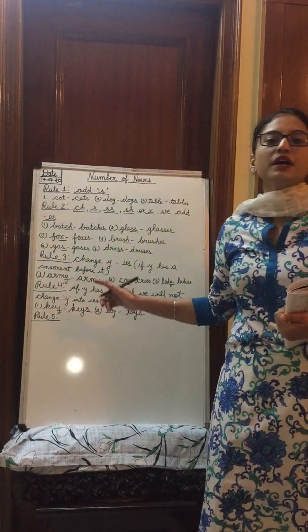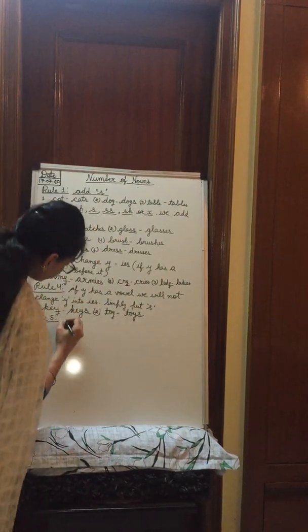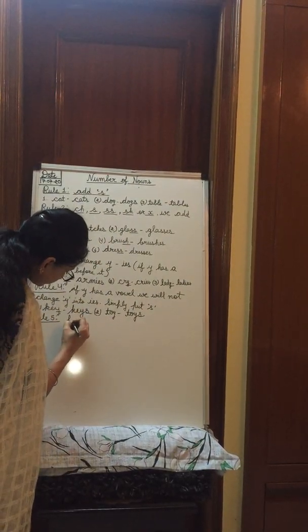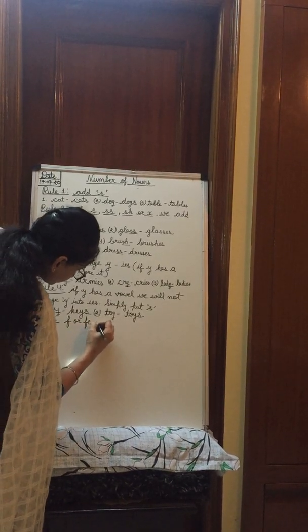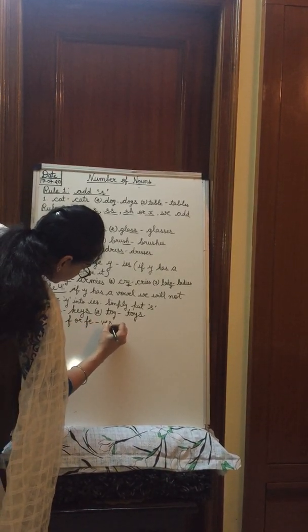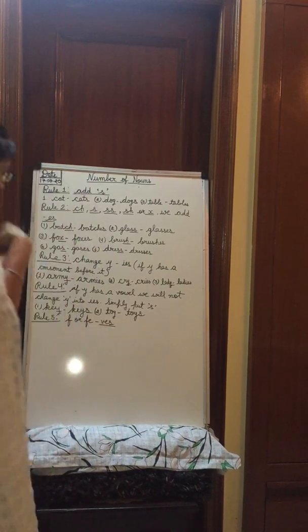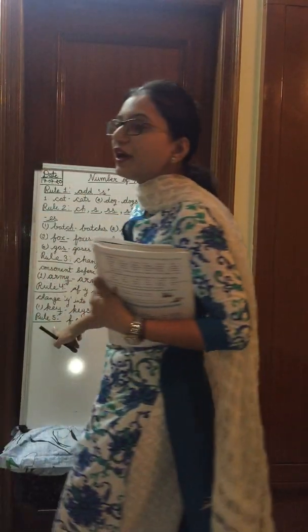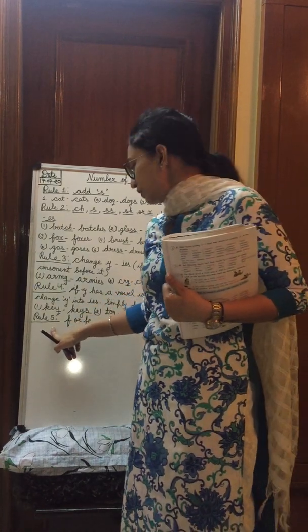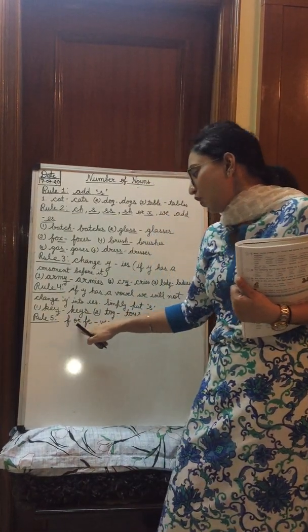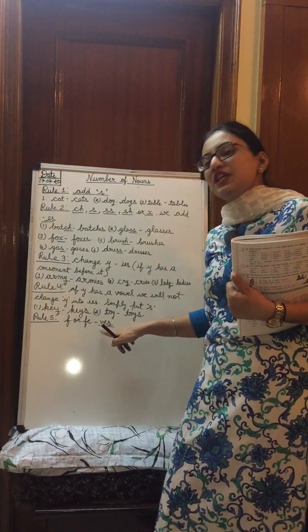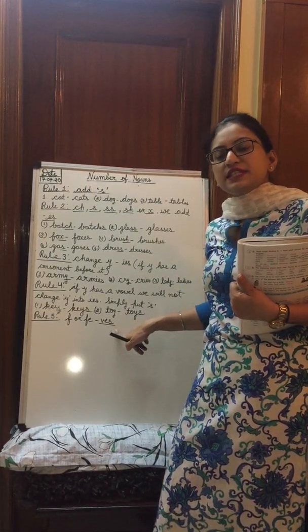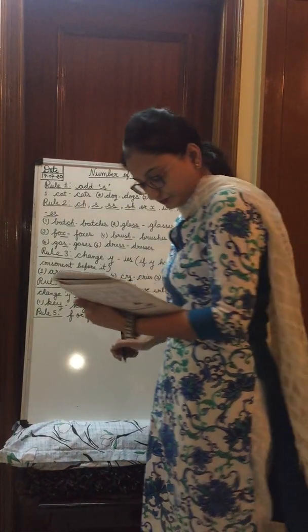This is rule number 5. So what is rule number 5? If the noun ends with F or FE, we will change this to VES. We will see some examples.